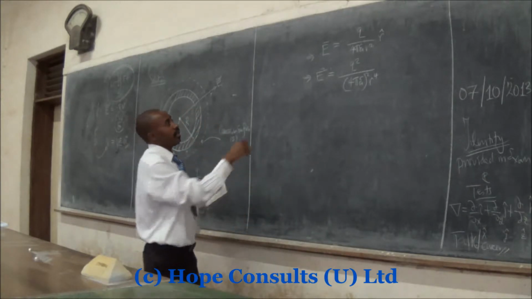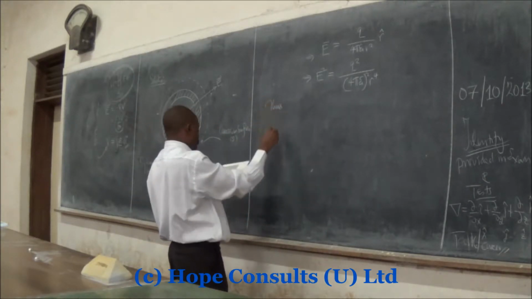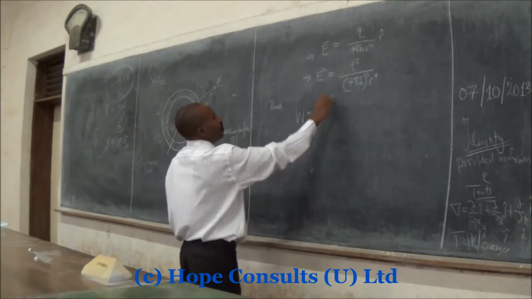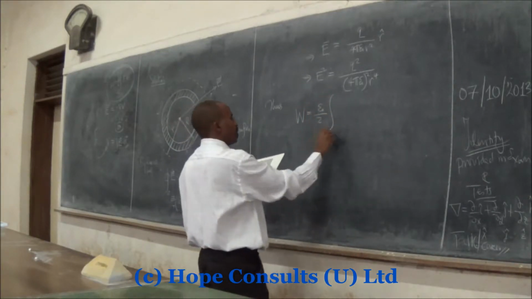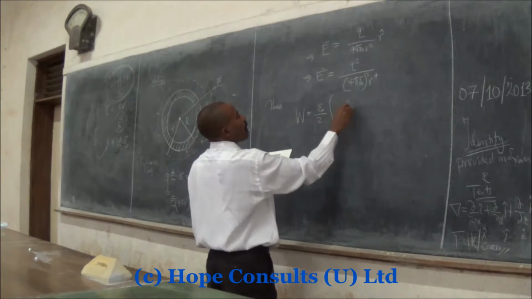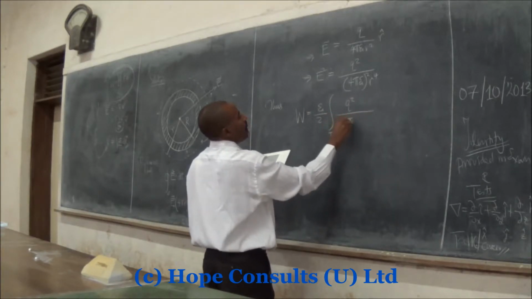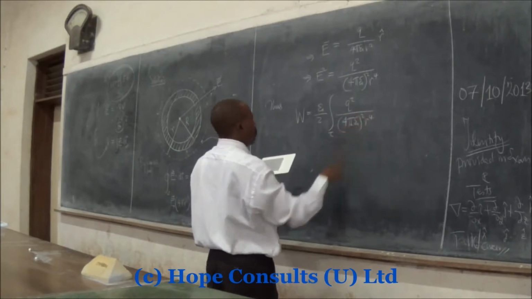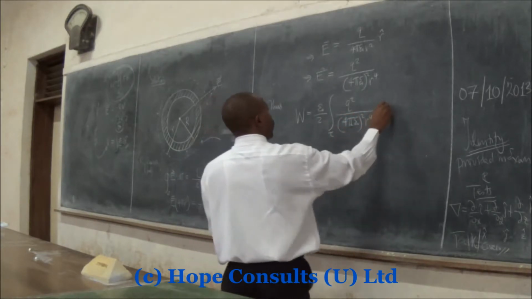And thus our energy will be epsilon naught over 2 integral over tau of Q squared over (4 pi epsilon naught) squared r to the 4 d tau.